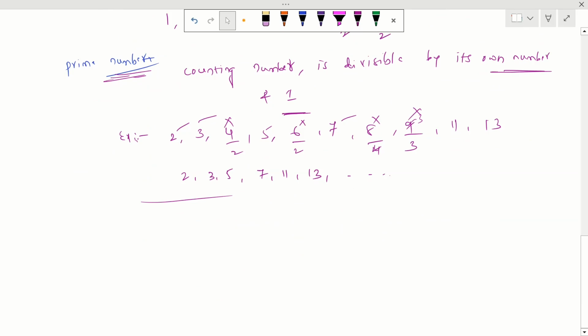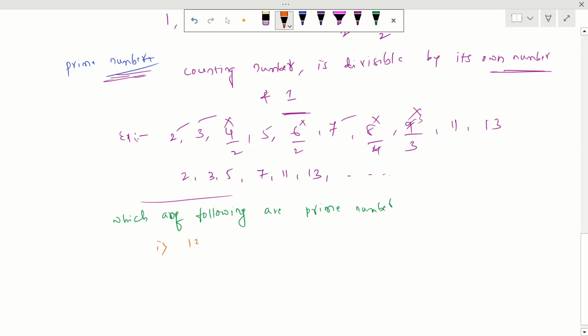You understood. Now I will give one example here which is very interesting. We have to find which of the following are prime numbers. Here I am giving an example.